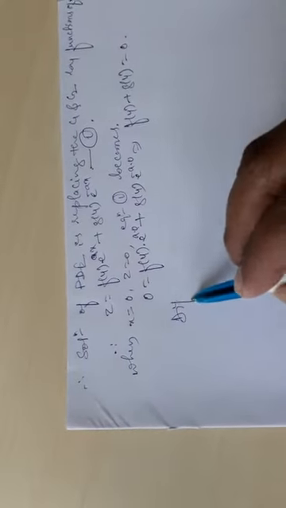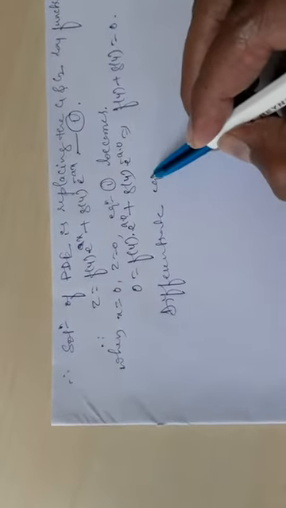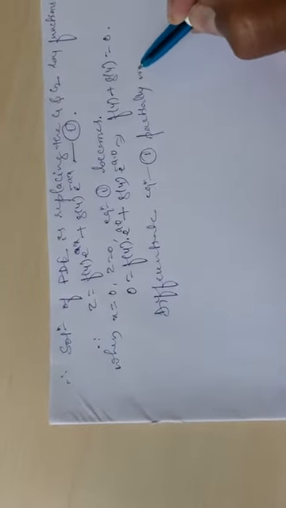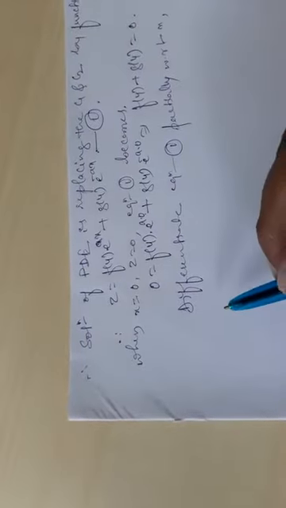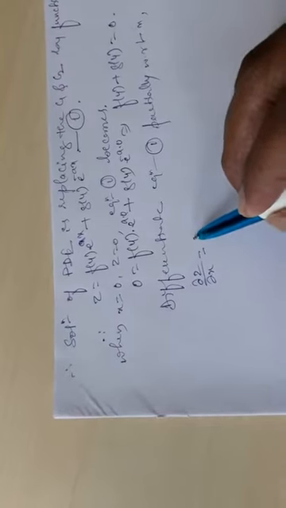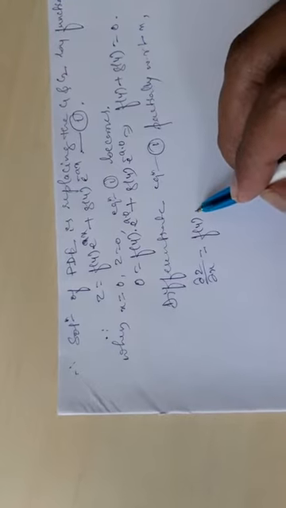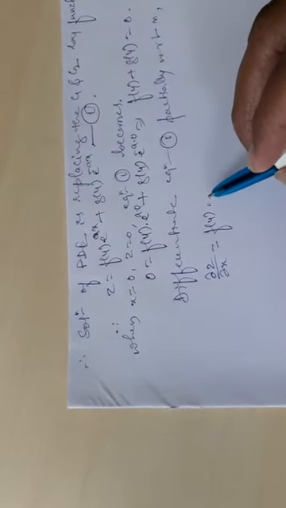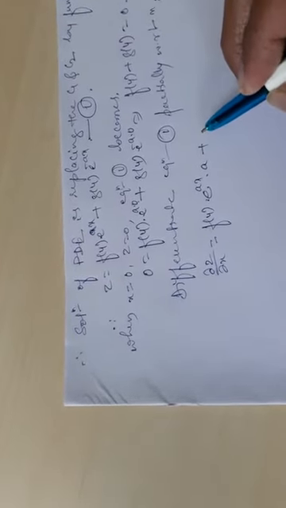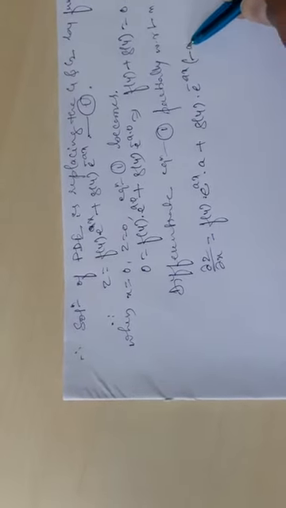Therefore, differentiating equation 1 partially with respect to x, we get dou z by dou x equal to, keeping the function of y as it is, f of y e to the power ax, multiplied by a, plus the second function as it is, e to the power minus ax, the coefficient is minus a.